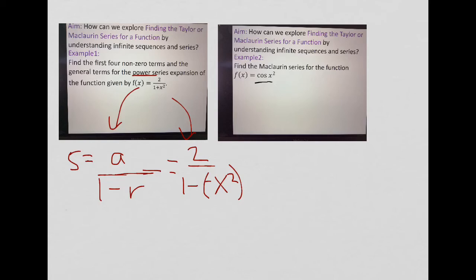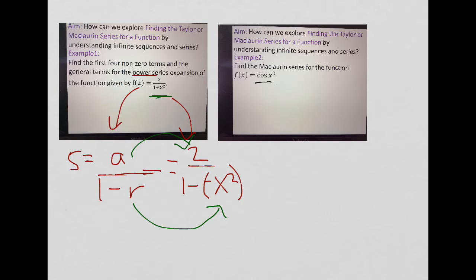We don't want to square the outside, because then that negative would be positive and then it'd just be 1 minus x squared. That's not what we're given. It's 1 plus x squared. So this means that the first term in our series must have been 2, and r, in our power series, is negative x squared.